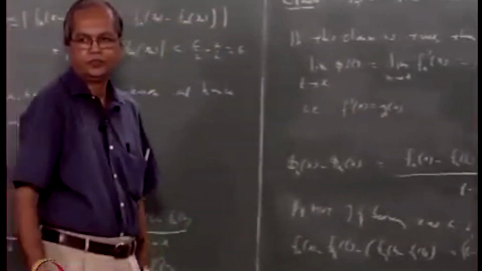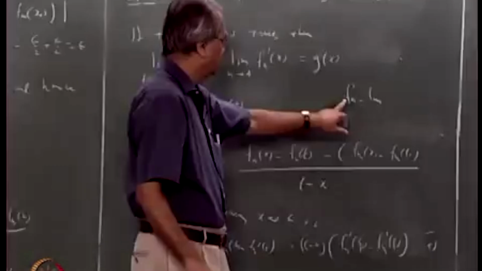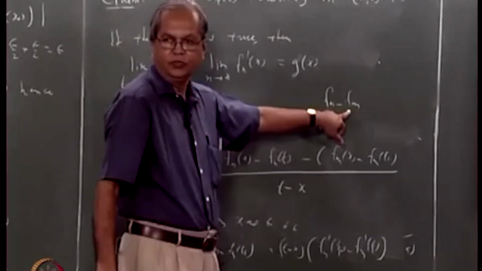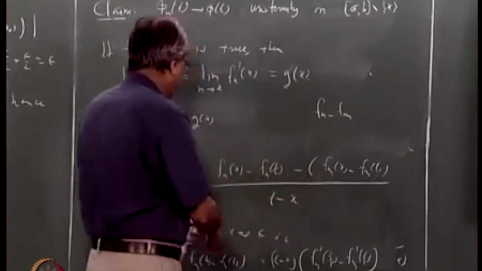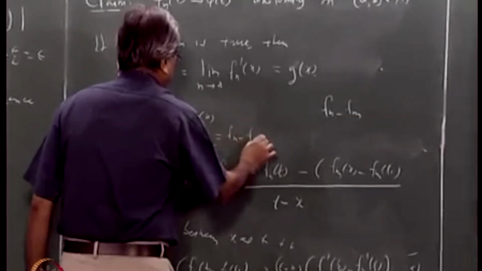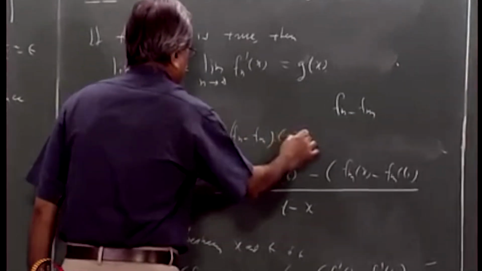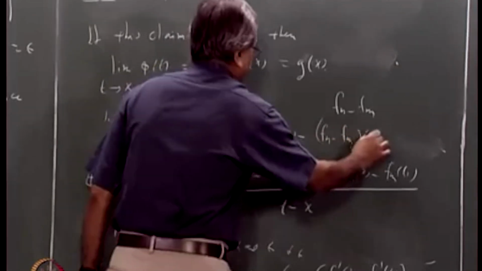Is it okay? We are applying the mean value theorem to this function Fn minus Fm. Remember, this numerator can be written as Fn minus Fm at x minus Fn minus Fm at t.